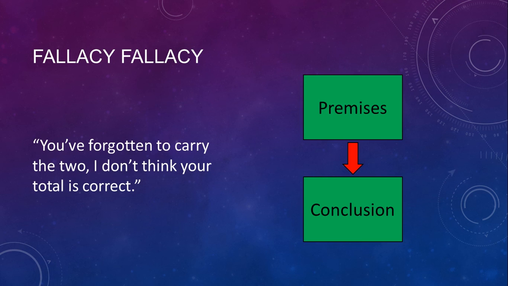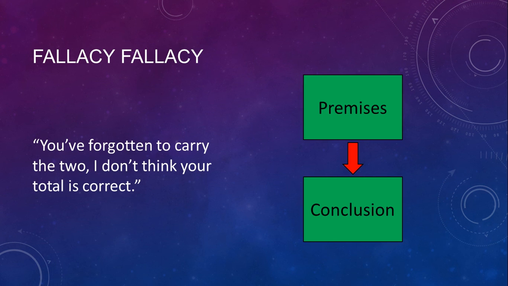You made an error in your calculations. Was there some other reason that you thought that? So what you need to know is, is there some other reason why you think that total is what it is? Or is that calculation the whole sum of your evidence? So all of my evidence that this is the total comes from these calculations that I did. You made an error in those calculations. Now you shouldn't believe the conclusion anymore, right?